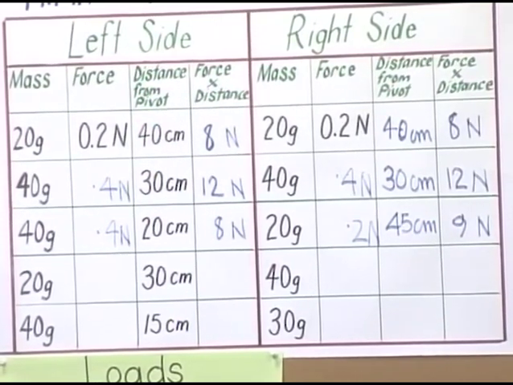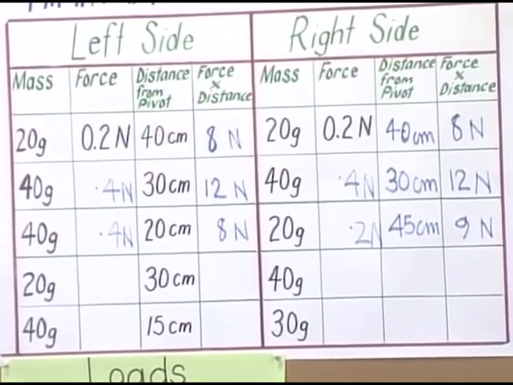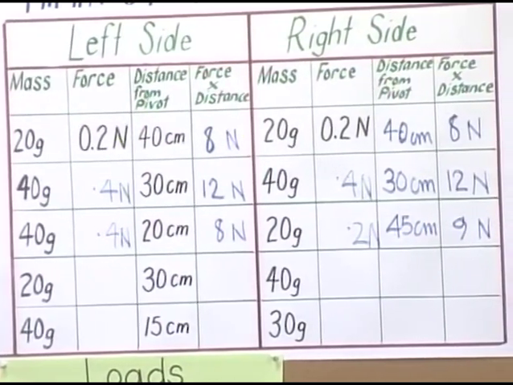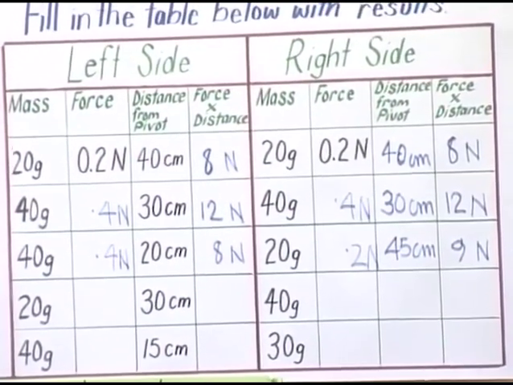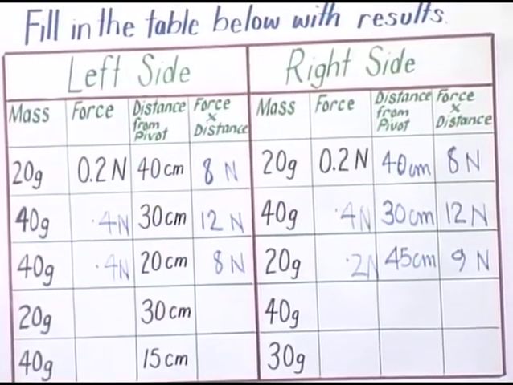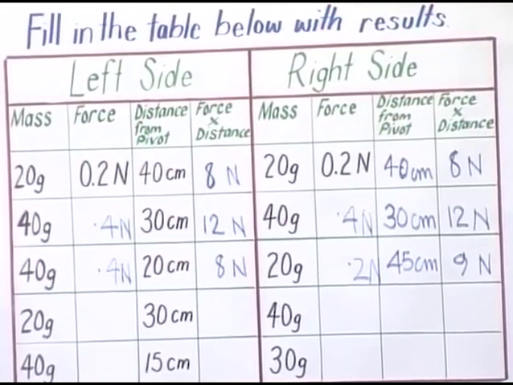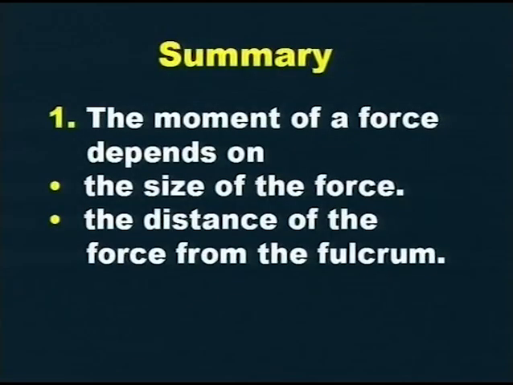Now if you have a look at the results, you will see that we have the force times distance on the left and force times distance on the right, which are the same. So that shows us that the law of lever, whatever is on both sides, they have to balance, or they have to be the same. Now our summary for this lesson: the moment of a force depends on the size of the force and also the distance of the force from the pivot or fulcrum.